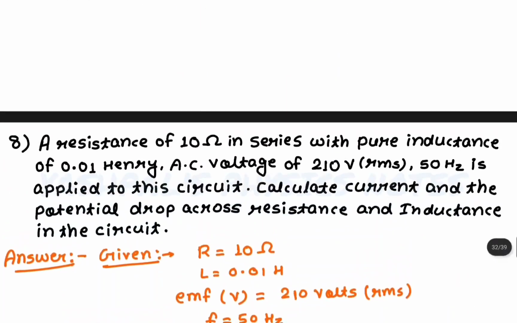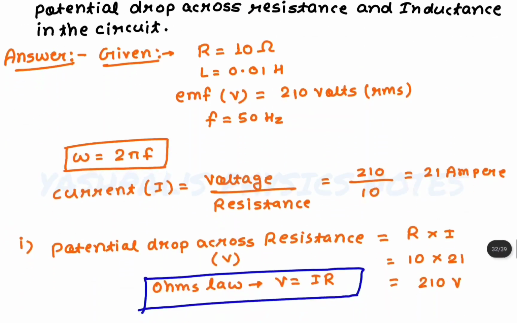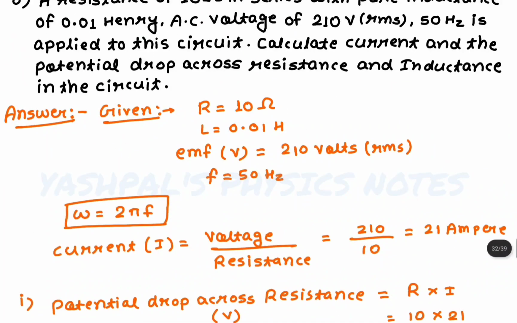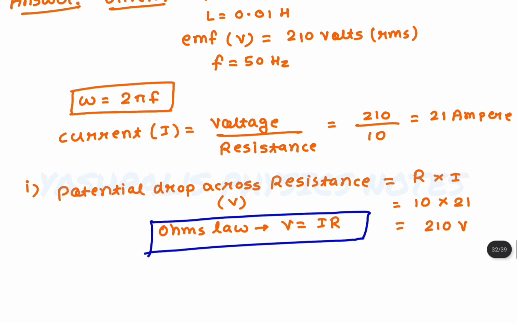Now we have also been asked to find the potential drop across resistance and inductance. So in the next step we have to find the potential drop across inductance. Here we have found the potential drop across resistance.